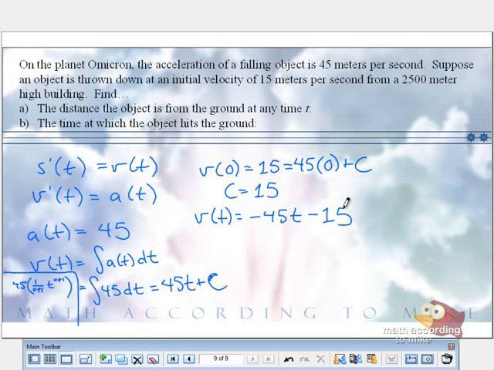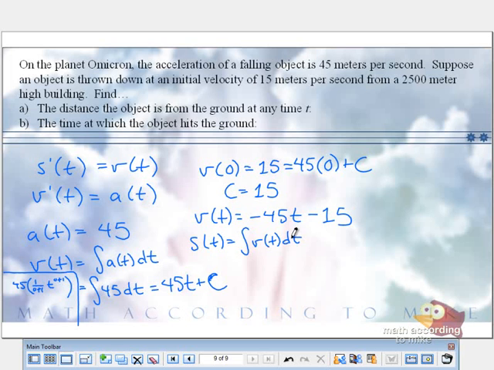And now, we're almost to part A, because the distance is s of t. So if the derivative of s of t is v of t, if we know v of t, how do we get s of t? Take another antiderivative. So s of t is the antiderivative of v of t, dt.